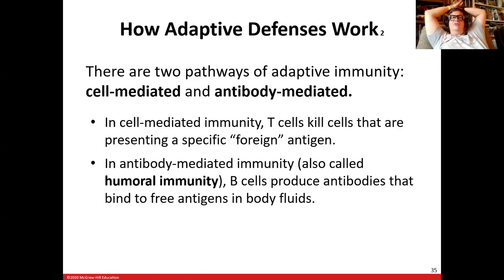The humors is an old school way of talking about the body fluids. So when we say humoral, we're talking about we put antibodies into the body fluids. B cells produce antibodies. Actually, B cells make plasma cells, which are like antibody factories. Anyway, so they produce antibodies that bind to antigens in body fluids.